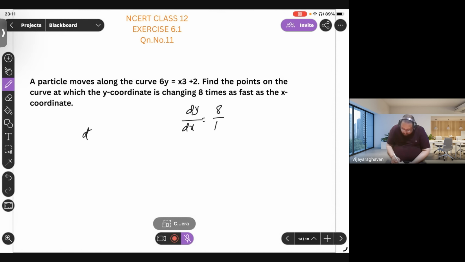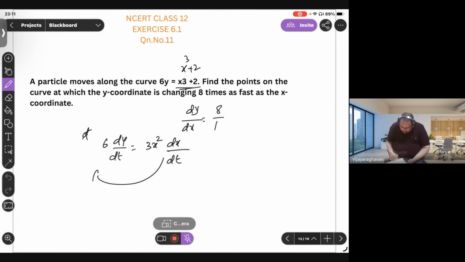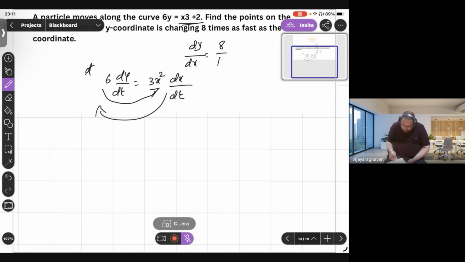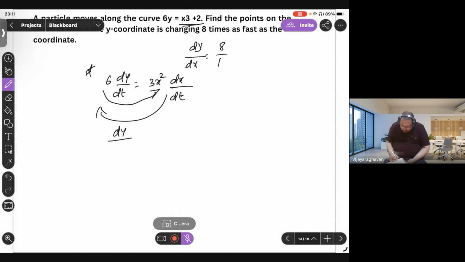So we have 6 dy/dt equals, this is x cube plus 2, equals 3x square dx/dt. Pull this dx/dt here and take this 6 to this side. We have dy/dx equals 3x square over 6.